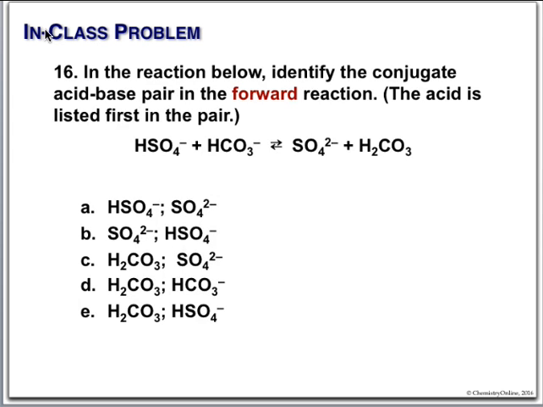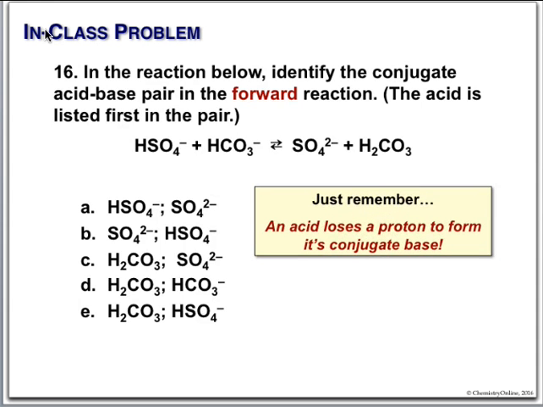All right, conjugate acids and bases. Remember those guys? What to remember about a conjugate acid-base pair? An acid will lose a proton to form its conjugate base. When it does it, it's going to lose a positive charge.